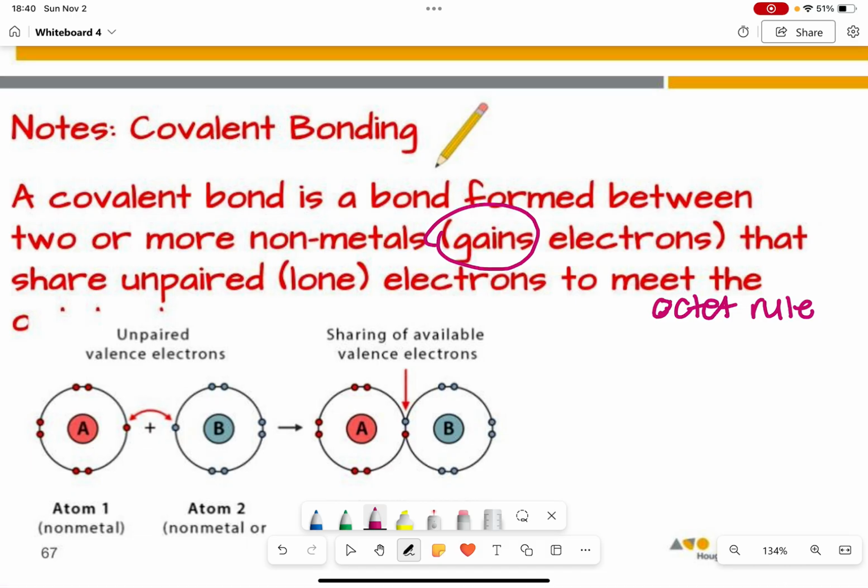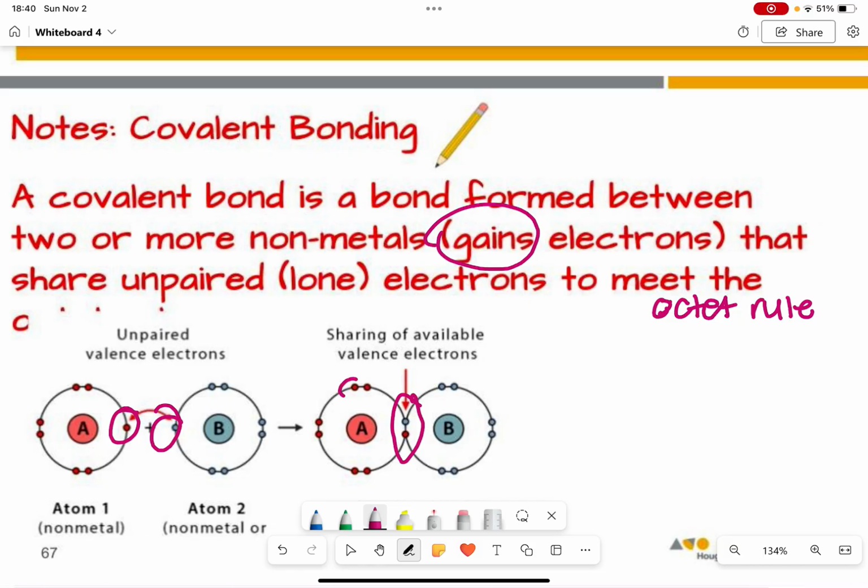If you look at the picture of the two atoms, A has one lone electron and B has one lone electron. So they both share them. They both still have it. They don't get rid of it. They share custody of it, and then they count that as part of their 8.